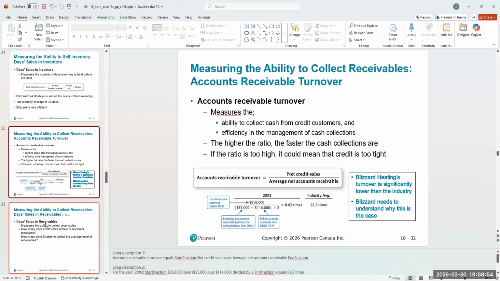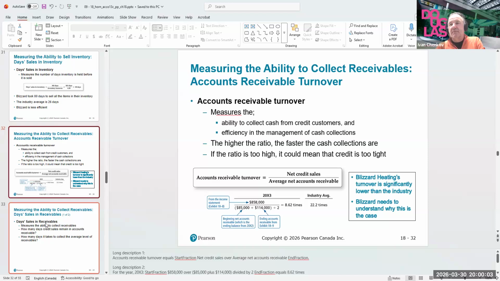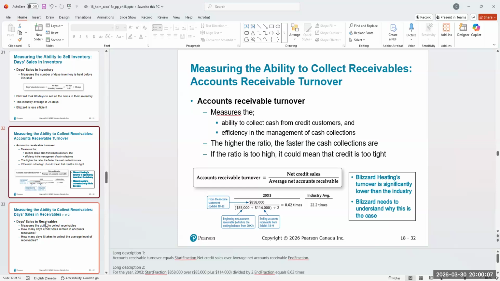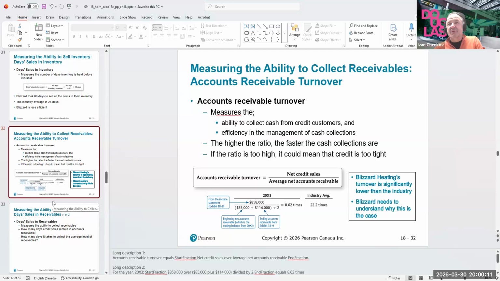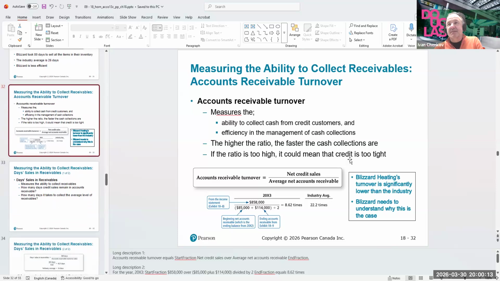It means that the net credit sales are equal to the net accounts receivable. So they're not paying you back, or they pay you only once a year. Is that good for you? No. So where do you want the number? As high as possible. Make sense? 365, that's the best. So let's think about Xiaolin.